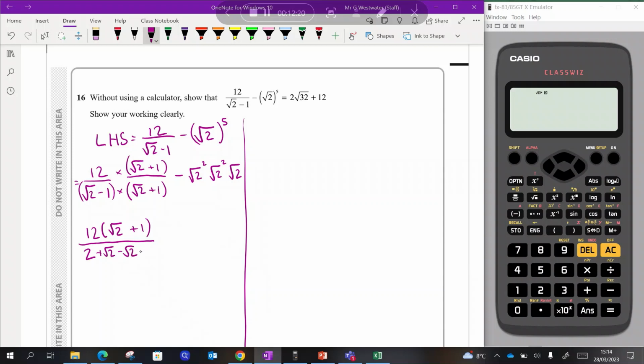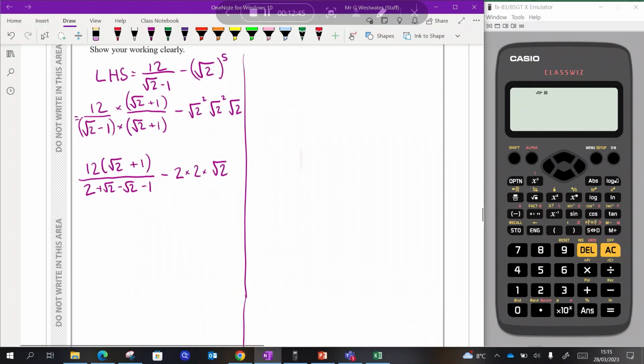And minus 1 times 1 for minus 1. Minus, now, root 2 squared. The reason I put it into squared is because I know that the square root and the squared will cancel out. So it's going to be 2 times 2 times root 2, with this root 2 left here. So this becomes 2, this becomes 2, and this becomes just root 2.